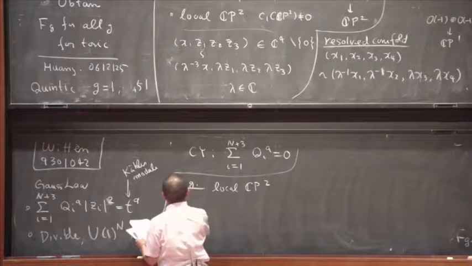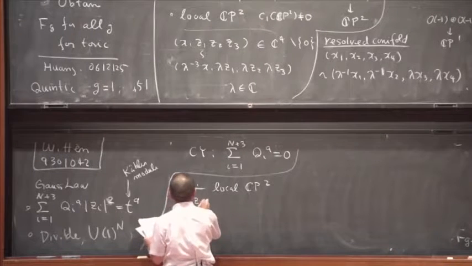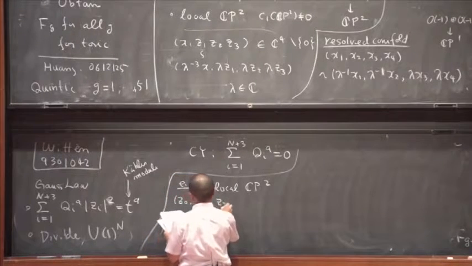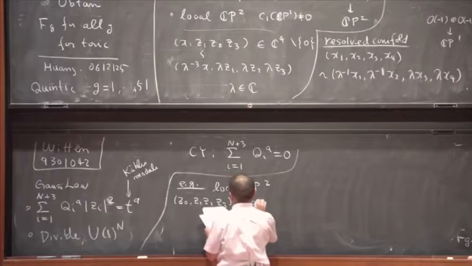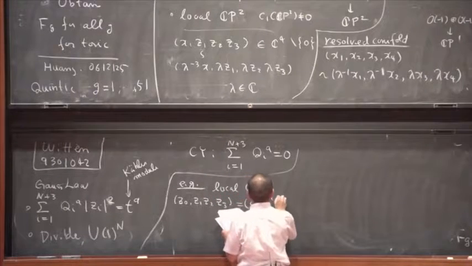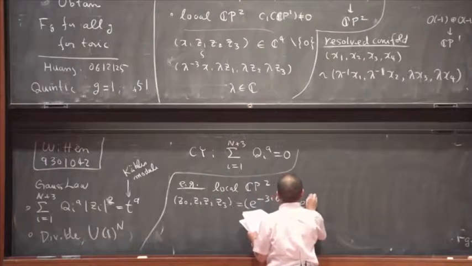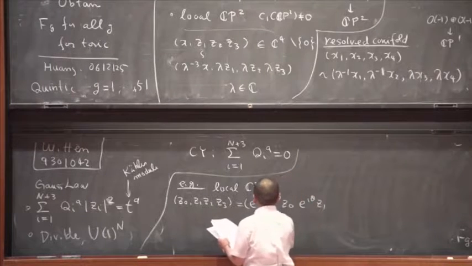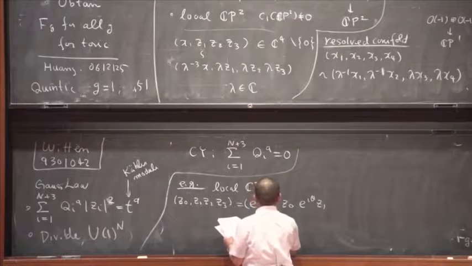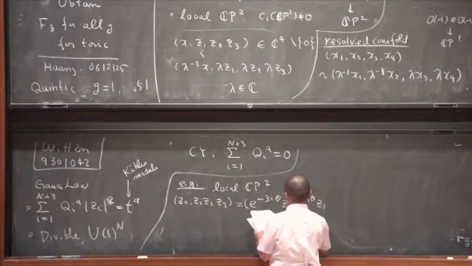In this case, you have Z0, Z1, Z2, Z3 with the symmetry: e^(-3iθ) Z0, e^(iθ) Z1, e^(iθ) Z2, e^(iθ) Z3.